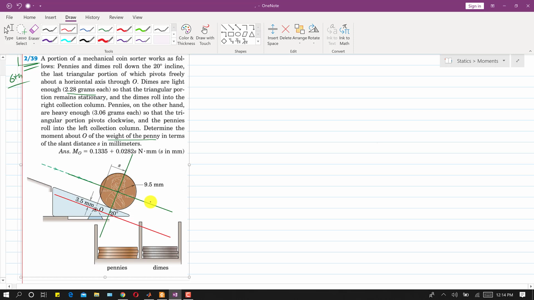Now as we can see, this angle is 20 degrees, and this angle is 20 degrees. So now if I represent the weight of the penny, this could be the weight of the penny directly acting downwards. This is the weight of the penny.